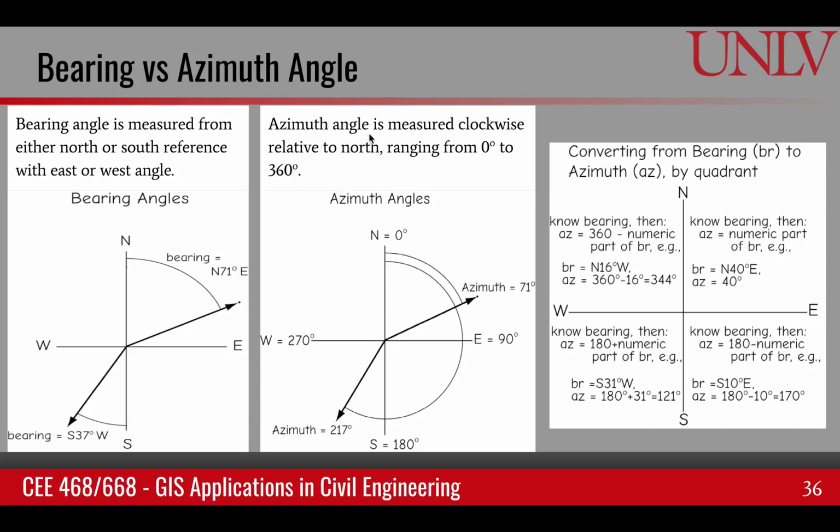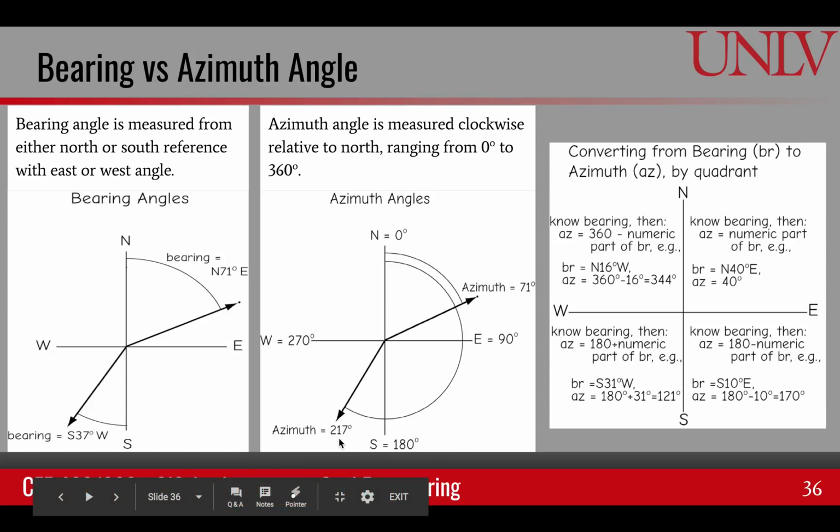On the other hand, azimuth angle is measured clockwise relative to north, and it ranges from 0 degrees to 360 degrees. So north is our reference, and our azimuth angle of 71 degrees is clockwise from that reference, and an azimuth angle of 217 degrees would be in the third quadrant.